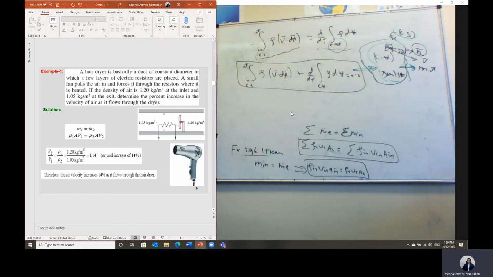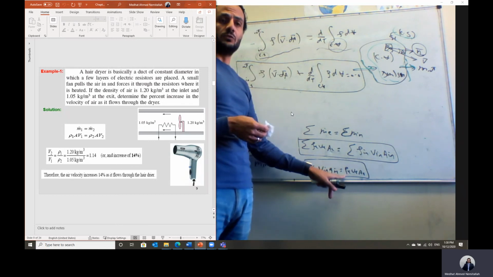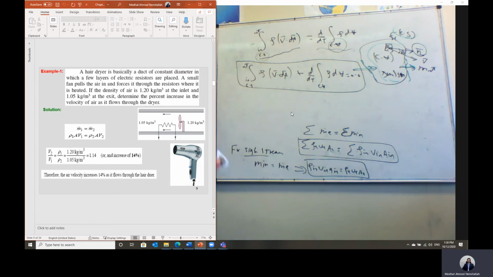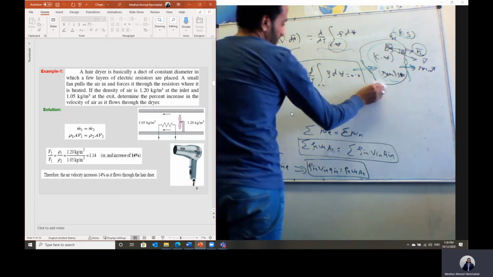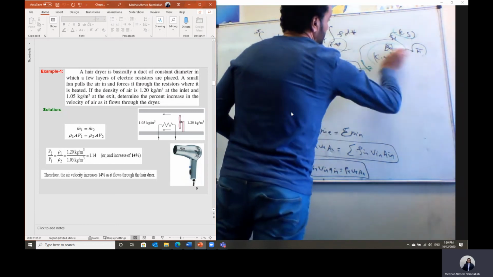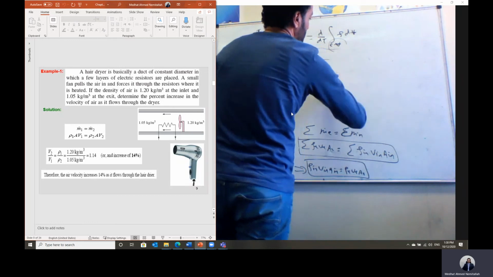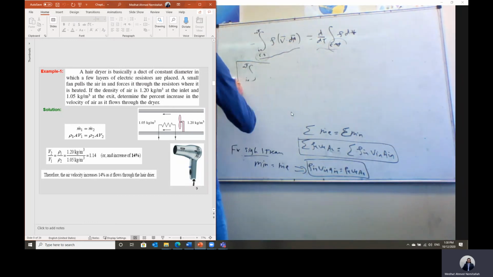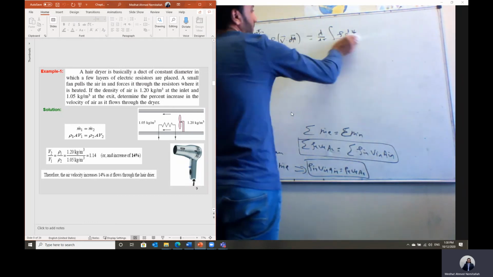In case of a system with a single stream, with a single inlet and single outlet, m dot inlet will be the same as m dot outlet for a steady flow, or density by velocity by area at the inlet will be the same as at the outlet section. So this is what we need out of the mass equation when we have steady flow.